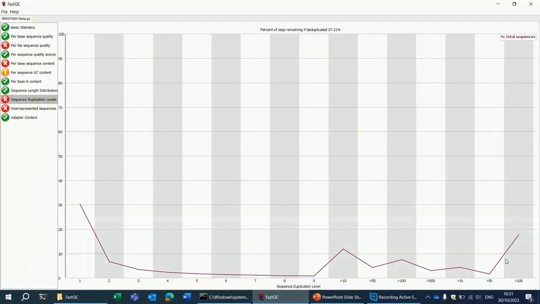The only thing you really have to watch out for is here, the far right of the plot. When you do see a sharp peak here, so for the reads that occur more than 10,000 times in the FASTQ file, this peak often points to contamination. And this is not only true for the RNA-seq libraries, but also for DNA-seq libraries and for ChIP-seq libraries.